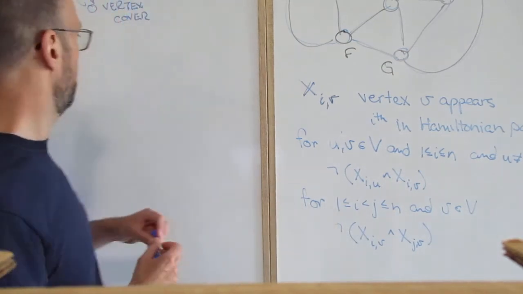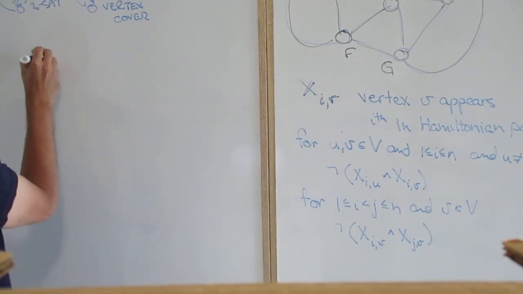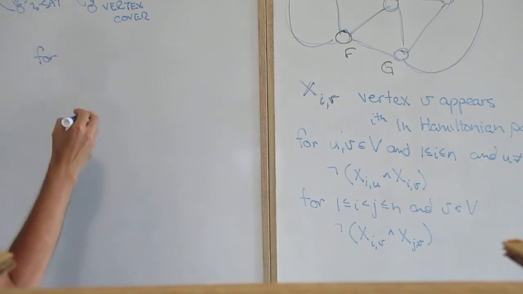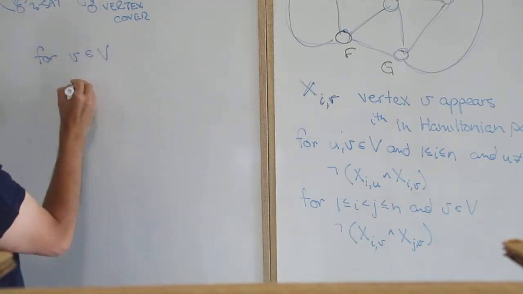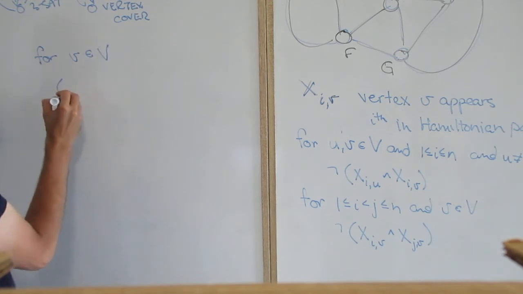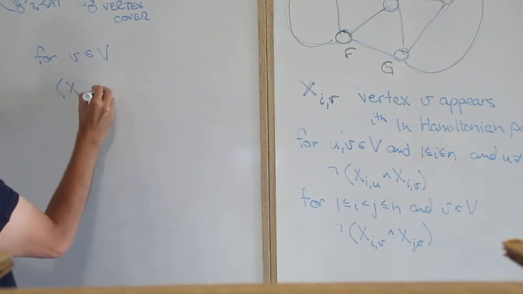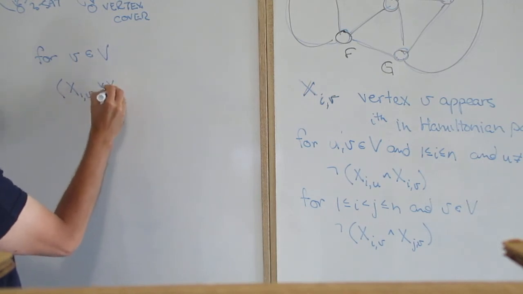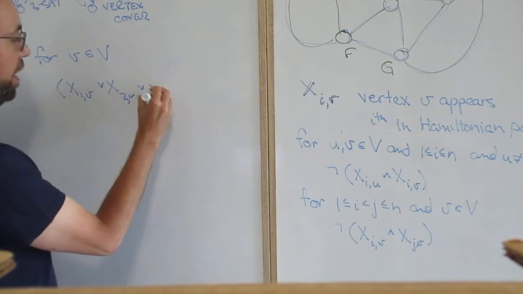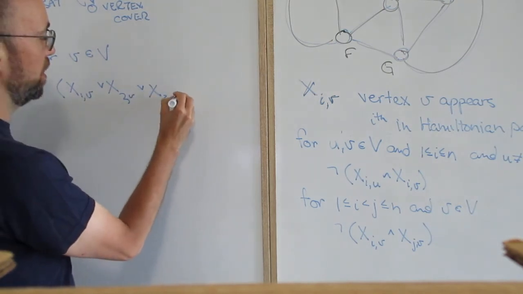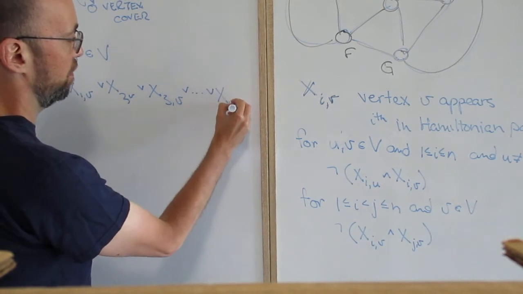And then, okay, so going over here, we have for v in V, we have either x_{1,v} or x_{2,v} or x_{3,v} or x_{n,v}.